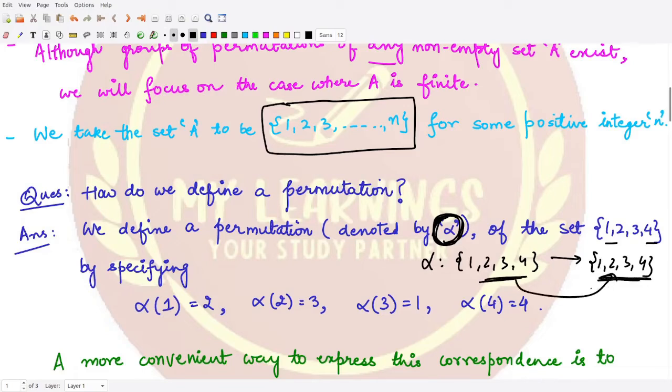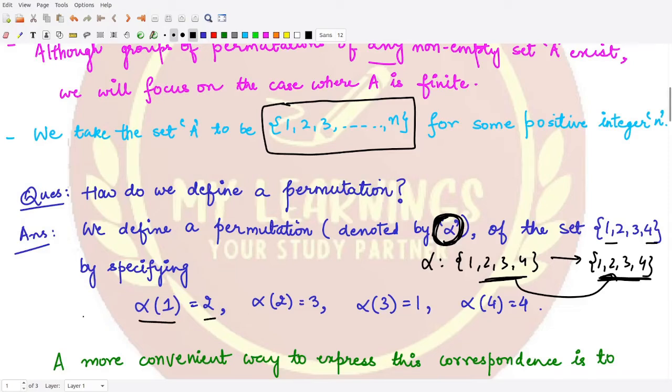Moreover, you should remember that whenever we define a permutation, that permutation is both one-one as well as onto. That means we can define the inverse of this permutation, because all the elements would be mapped to all the elements backwards. So we say alpha of 1 is 2.